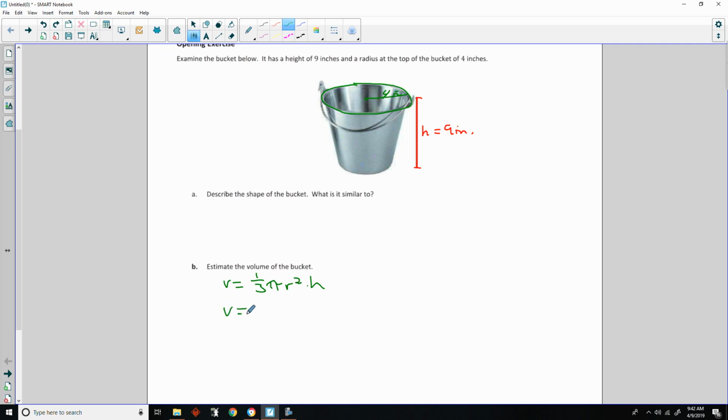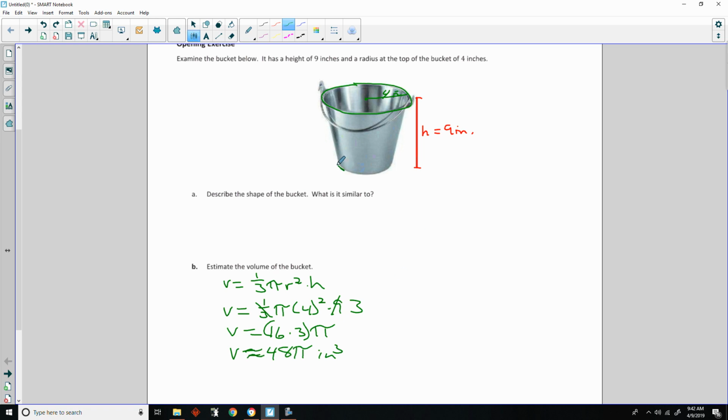So the volume would be 1/3 times pi, and the radius is 4 squared, times 9. I can get rid of the third and make that a 3, so 16 times 3 pi. So the volume is 48 pi inches cubed.